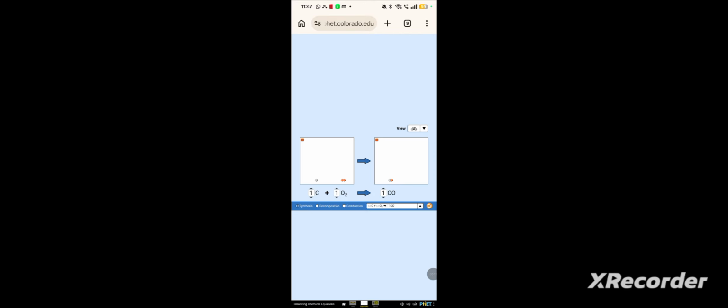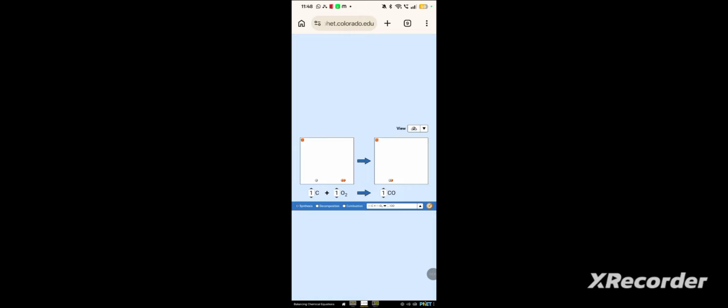The network is slow. Now we have to give another example. Here carbon combines with oxygen, then gives carbon monoxide. Here there is one carbon, so the number of atoms is 1. And the oxygen molecule: the number of oxygen molecules is 1, but atoms are 2.